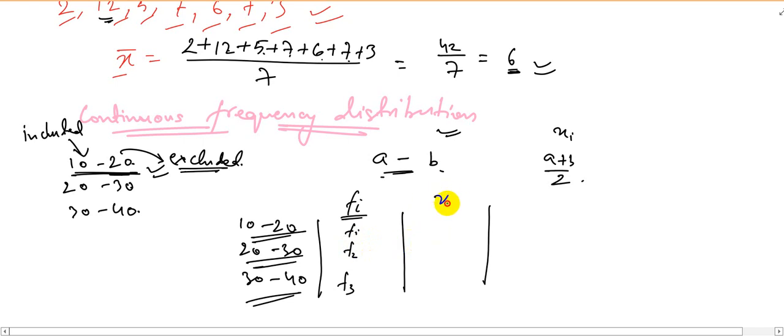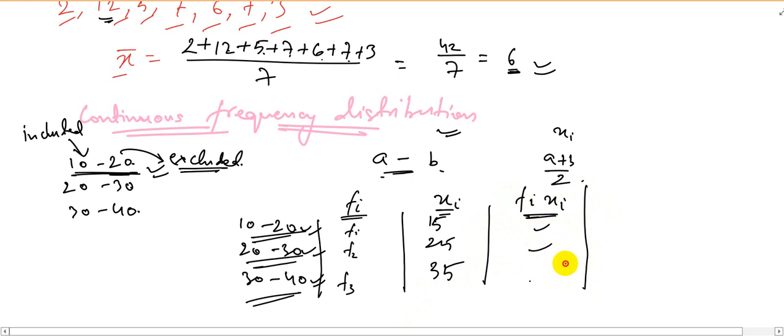So for this we use the term class mark, which is nothing but the mean value of this particular class. So for this class it's 15, for this class it is 25, and for this class it is 35. Now what we do is multiply this fi and xi, and find the values, and then we sum all of these values and denote it as sigma of fi xi, right?